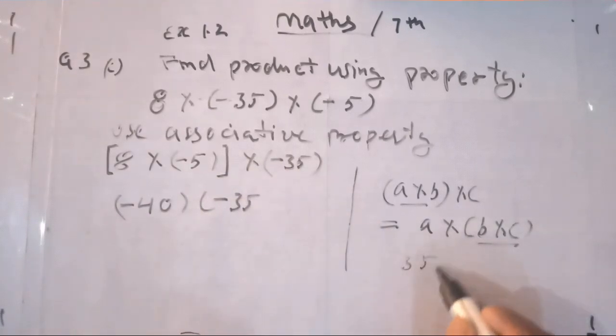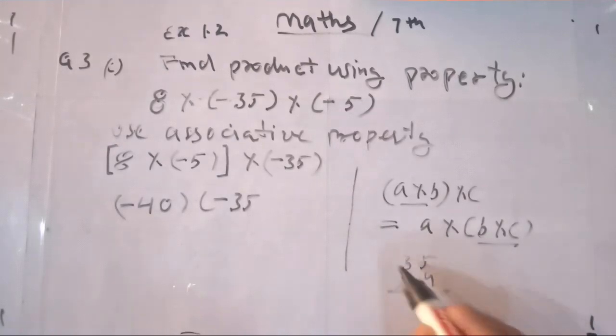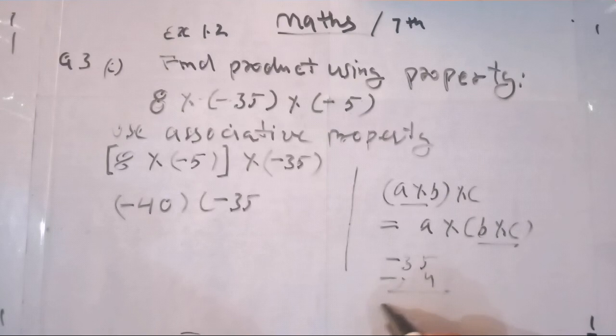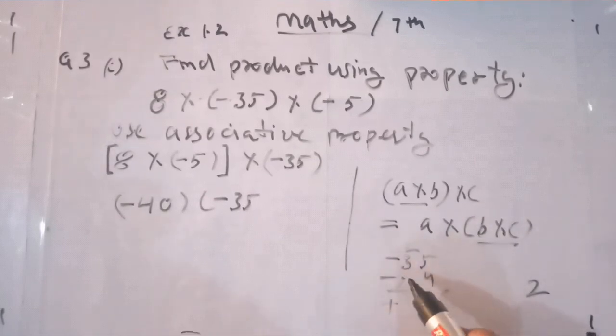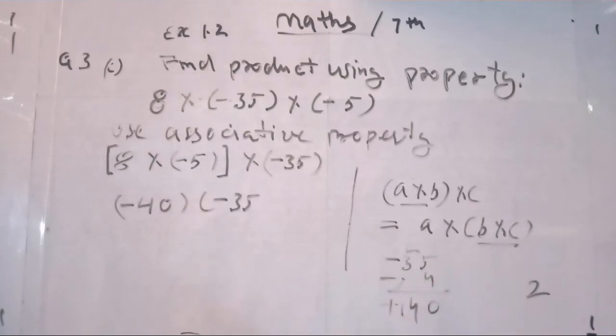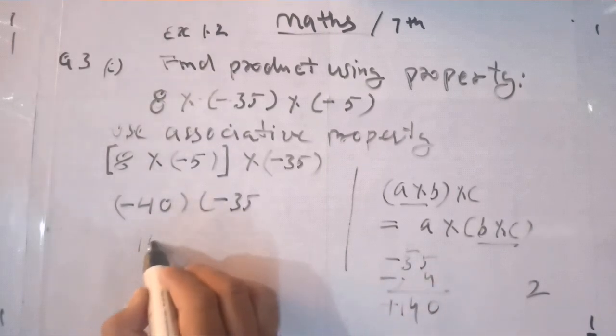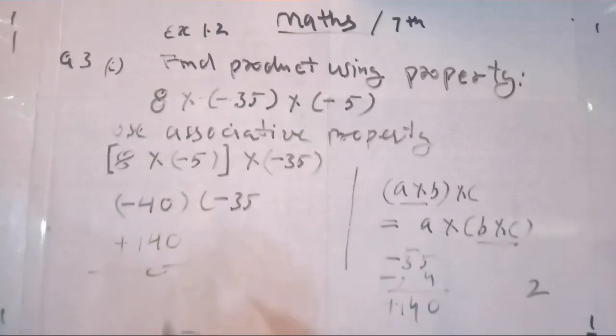When we multiply 35 with 40, both have a negative sign, so we get positive. 5 4s are 20, 2 as it is, then 3 4s are 12, 12 and 2 is 14. So beta, this is 140, with the positive sign, 140. So beta, this is the answer.